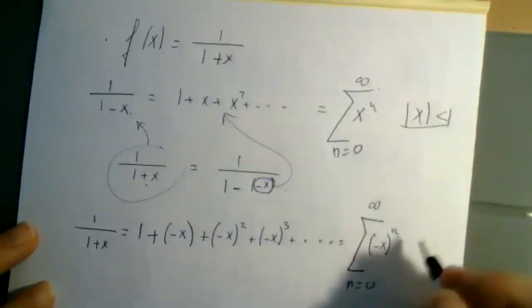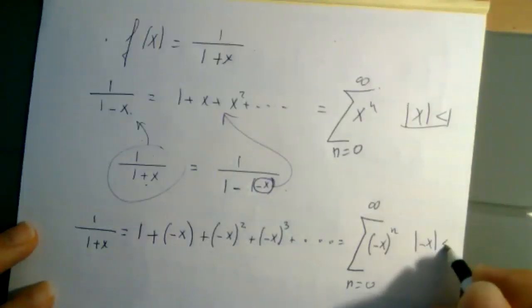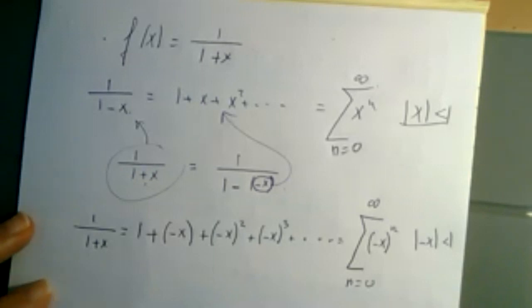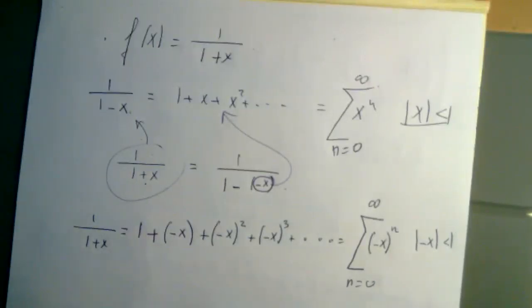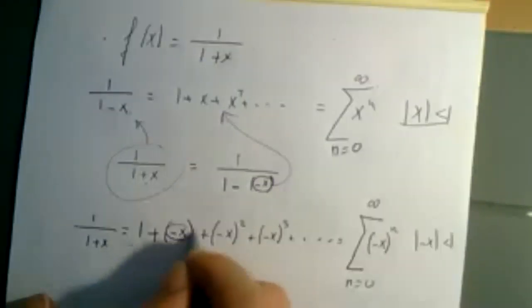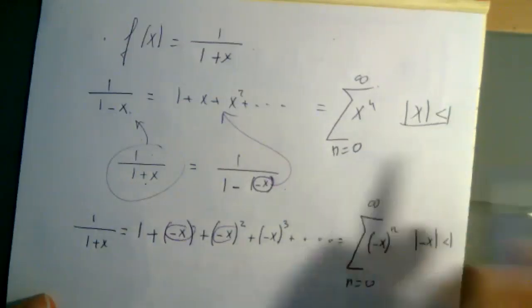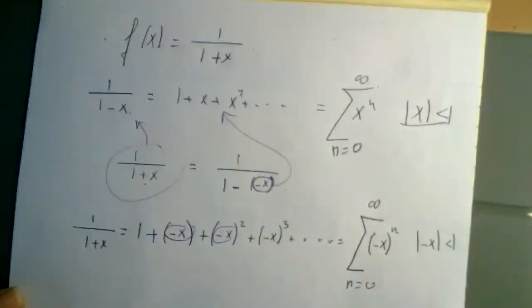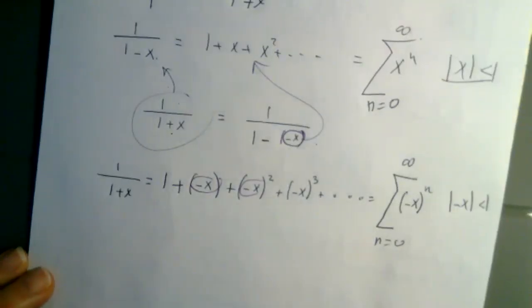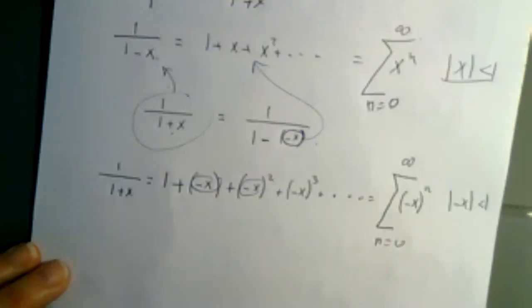And instead of absolute x less than 1, it's absolute minus x less than 1. It means this equality holds as long as the term I substituted satisfies this condition. The term I substituted was minus x. And now we're going to do the algebra to write this properly in sigma notation.